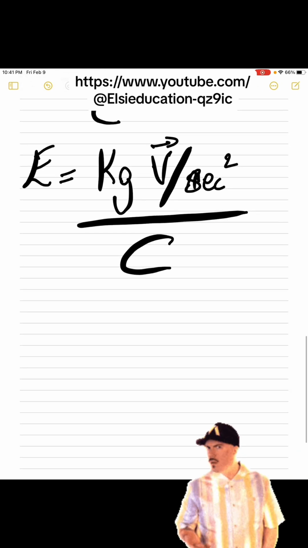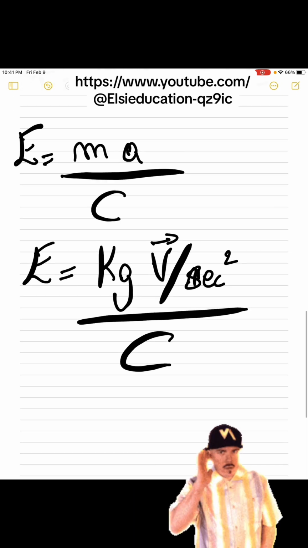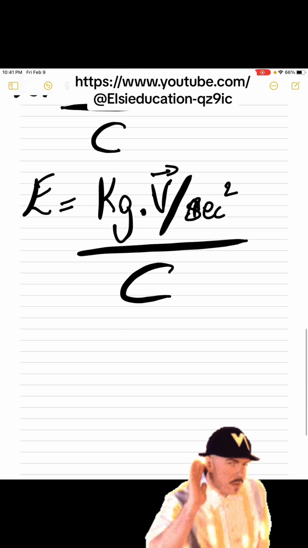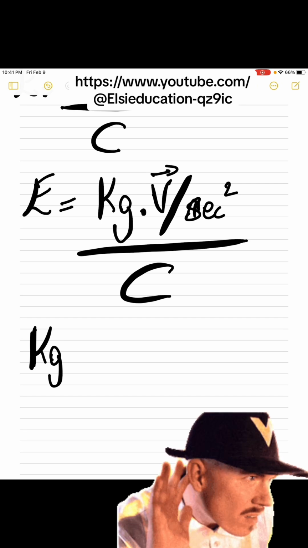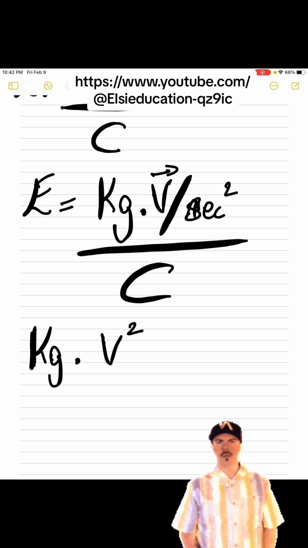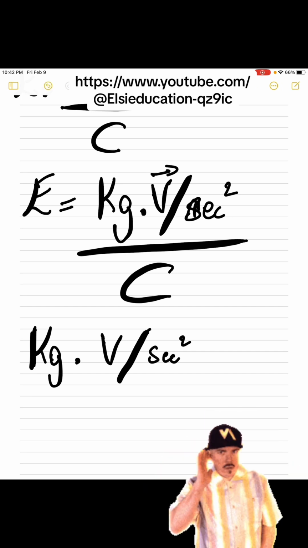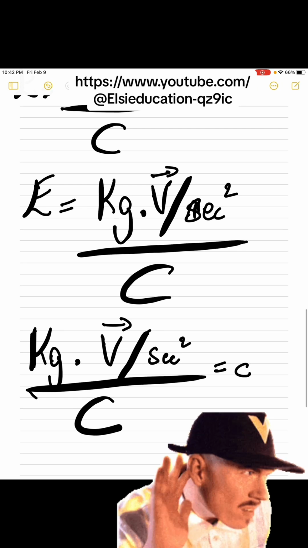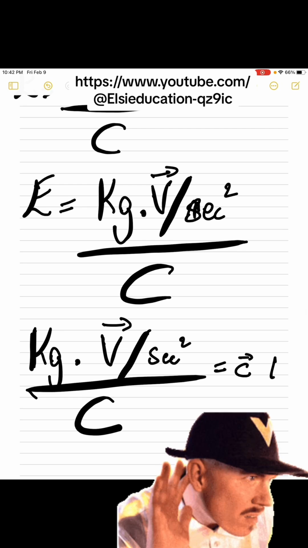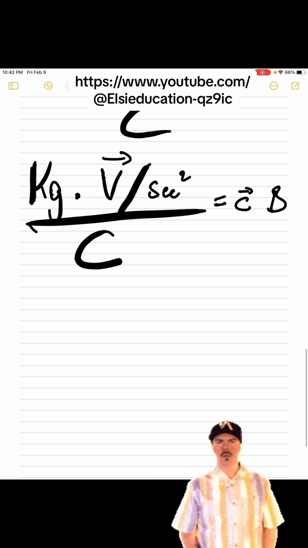Okay, I'm just going to do it the hard way. Mass multiplied by acceleration, meters per second square, divided by Coulomb, equals the speed of light multiplied by Tesla, the magnetic field.